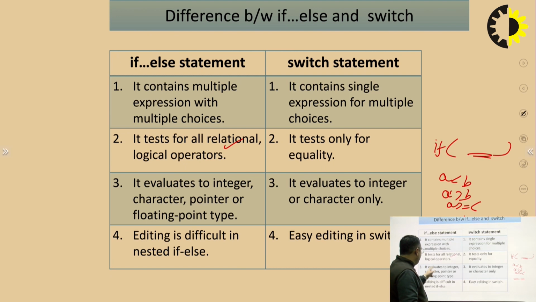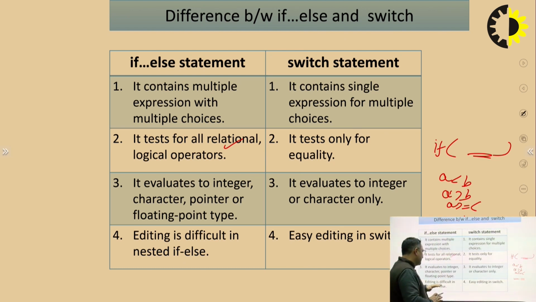If else evaluates integer, character, pointer, or floating point types, meaning any data type. Switch can evaluate the expression, but it evaluates only integer or character, so the expression output should be either an integer or a character, right?